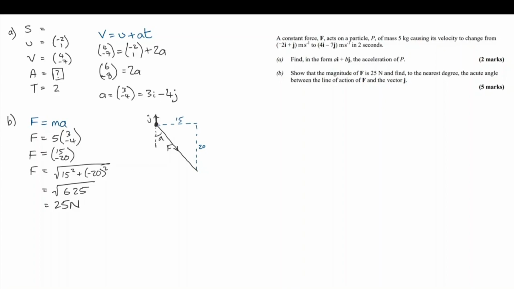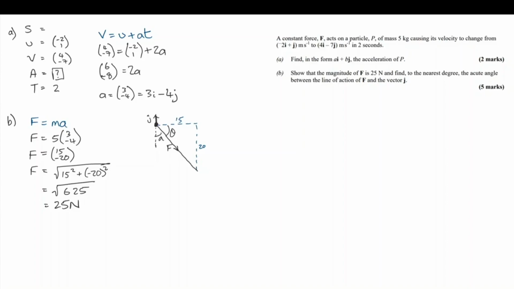Usually we would find the angle in between j and f, and we would rotate from j clockwise until we met f. But now it's been specified that we should go for the acute angle. So we ignore the obtuse and we're going for the acute.